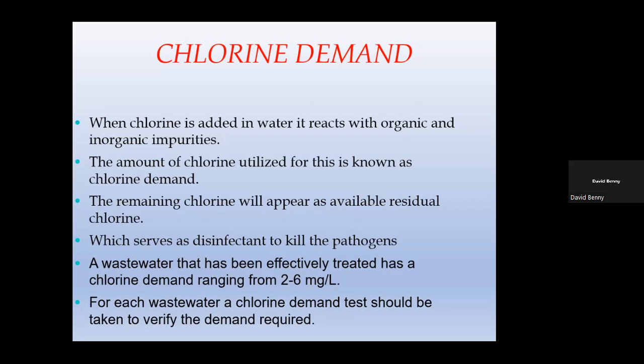So when we look at the dose based on scientific experiments and actual experiments carried out on plants, like myself in the industry here in WASA, we would have determined that based on the level of treatment, activated sludge extended aeration, you would need a demand of between 2 to 6 milligrams of chlorine dosing before you get a residual.